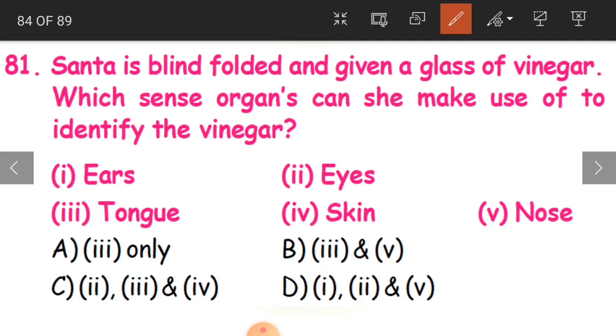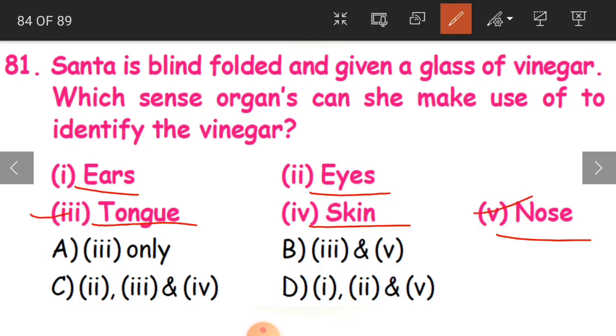To identify this liquid, which sense organs can she use? Ears, eyes, tongue, skin and nose. The answer is tongue and nose.